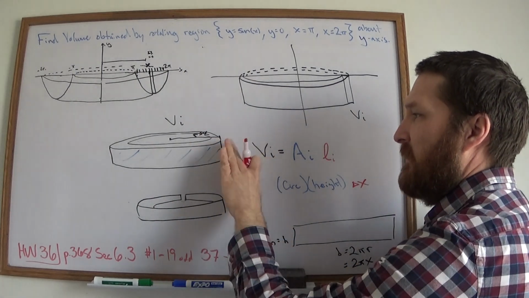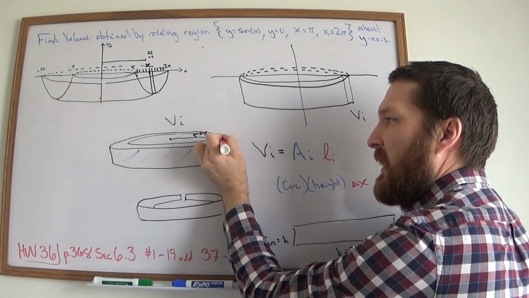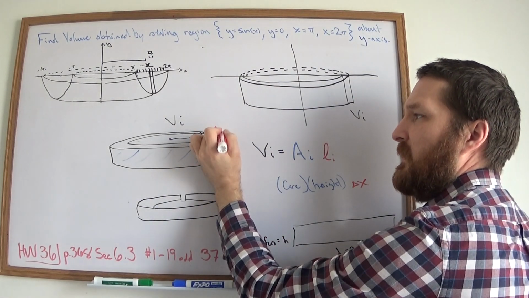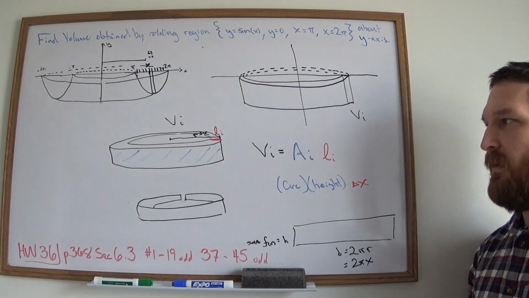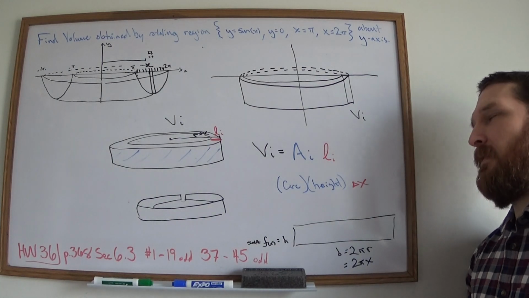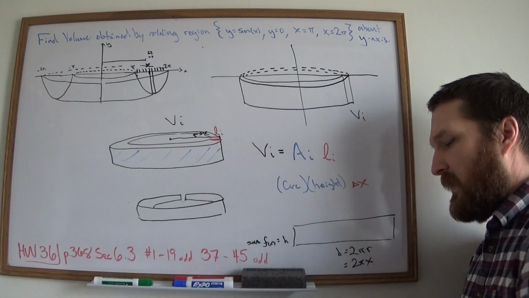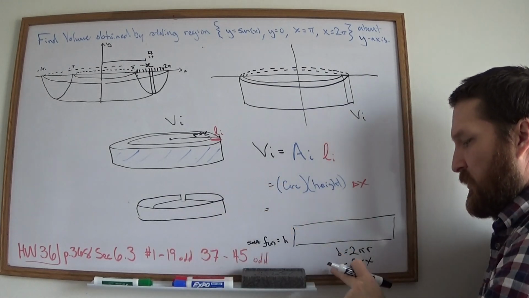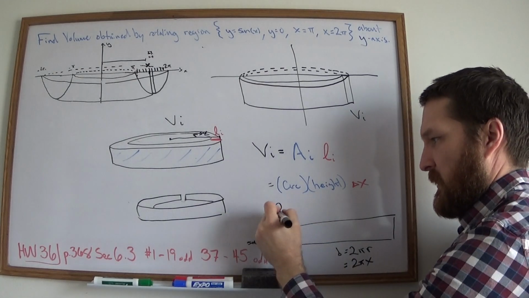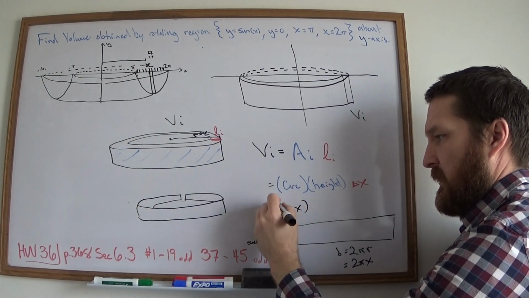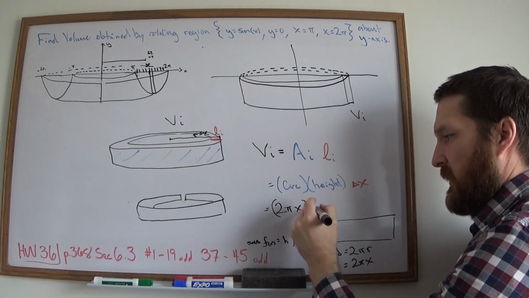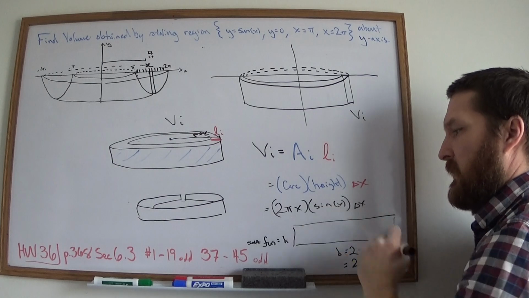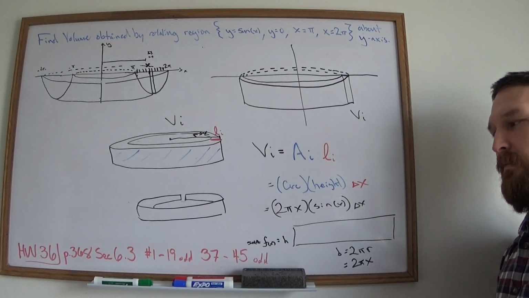So we have the area, which is the outside, and delta x, which is the thickness. An area times a thickness is a volume, or an area times a length is a volume. So we got it. The circumference then was 2 pi x, in this case sine of x, delta x.